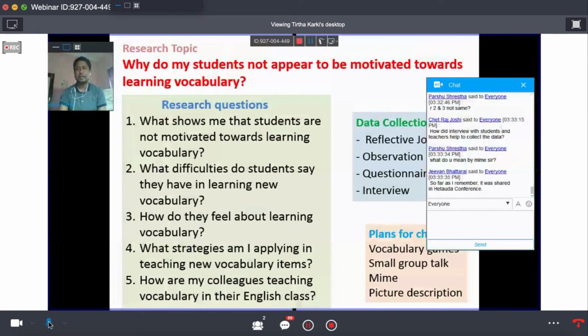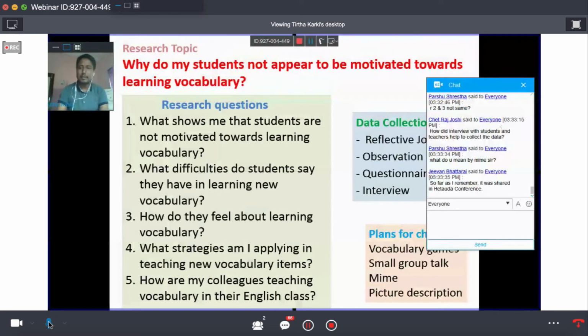The students can clearly present the classroom scenario and tell the teachers what they want. And if the teachers implement any strategy in their classroom responding to the concerns of the students, then it can definitely increase the ownership of the students and their level of participation, and the students will be active in the classroom.